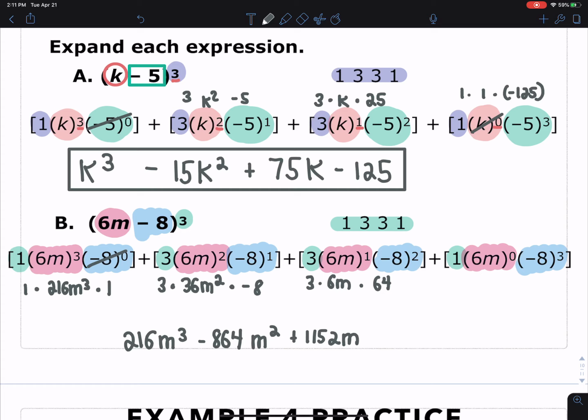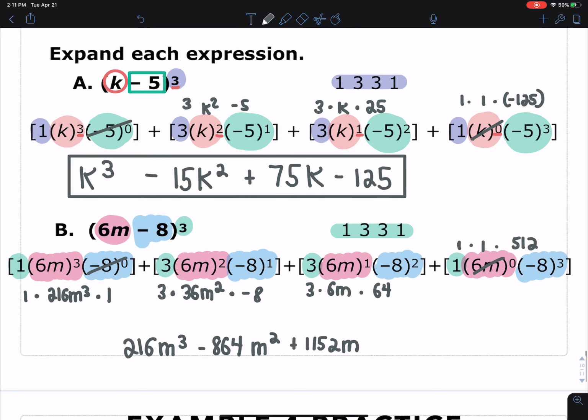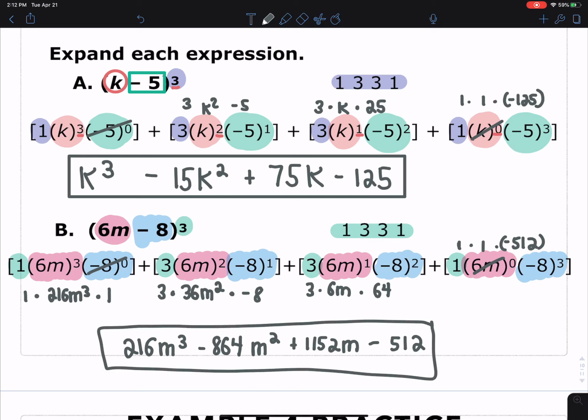And then we're going to have, this is just 1. So we have 1 times negative 8 to the third, which is negative 512. So we'd have minus 512. And again, there's our simplified trinomial.